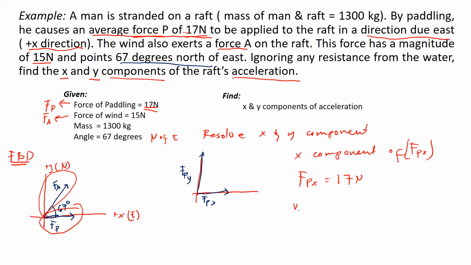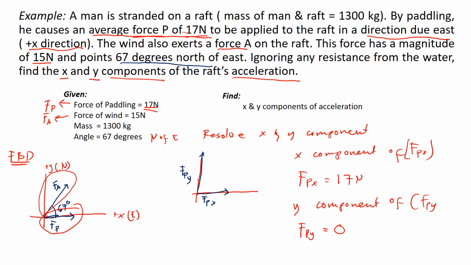Now in terms of the y component, F sub Py here is equal to 0, since we don't have a force of paddling in the y component. According to the statement, it is directed towards the positive x direction.